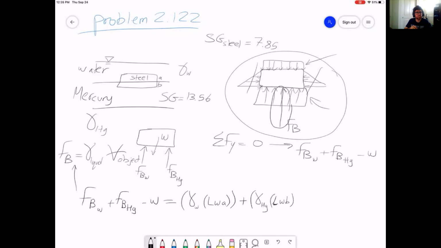Can someone explain why we used A for water and B for mercury? Because that's the distance they're actually submerged in the fluid. Yes, height A is submerged in water, height B is submerged in mercury. So A is only included for water and B is only included for mercury. And you can't flip them.